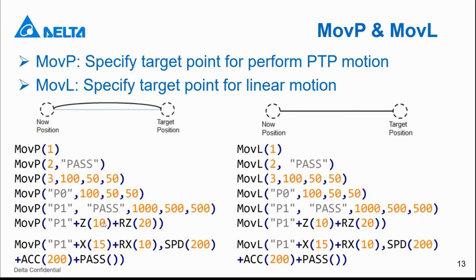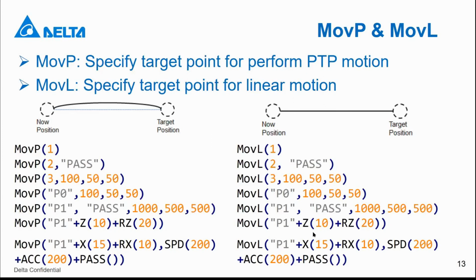So this is a convenient function to adjust the target to a different position. There's also another programming way, where you can use small functions like speed to change the speed, add the acceleration, and also add the pass function. Basically it's the same, just a different programming way.